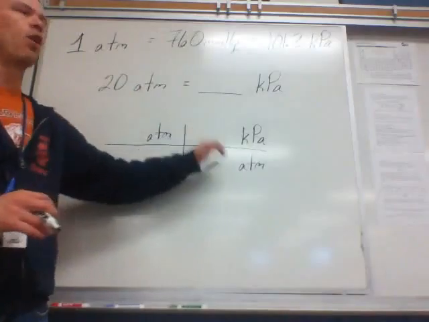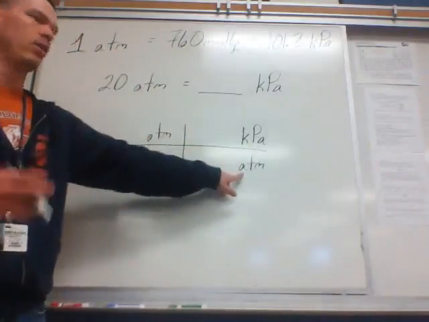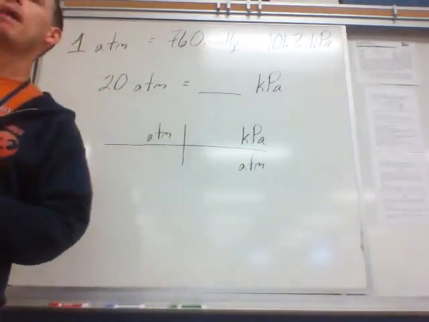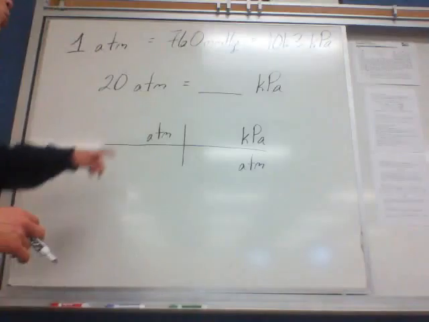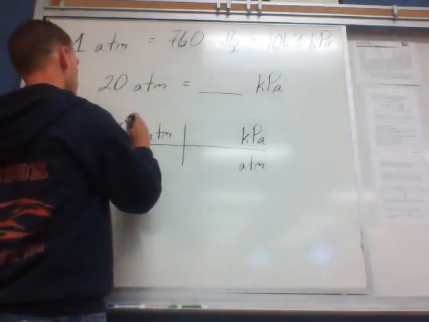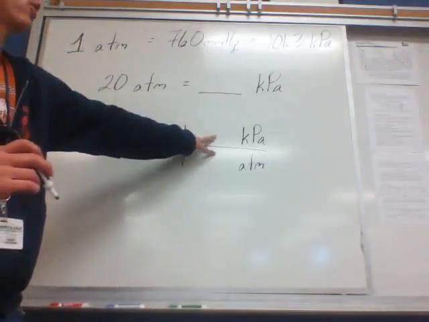Again, you want letters in all three squares before you put numbers. Given unit, those will always be the same. Unknown unit. Now we'll go back and input numbers. Our cheat sheet says the given number goes there. I gave you 20. And it says conversion factors go there.